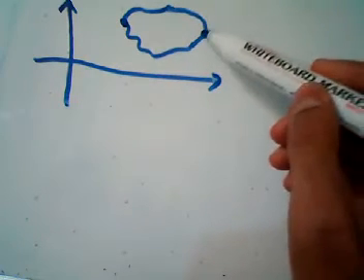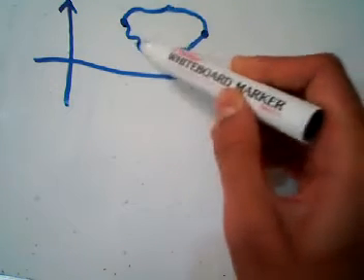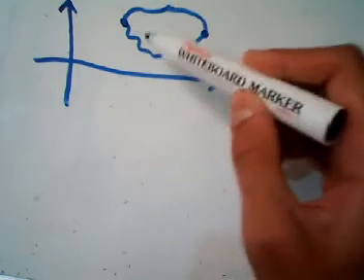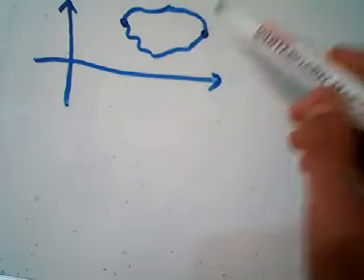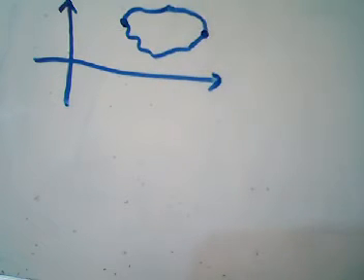You know, this is the graph of a function, and this is also, because for each value of x there is one value for y.